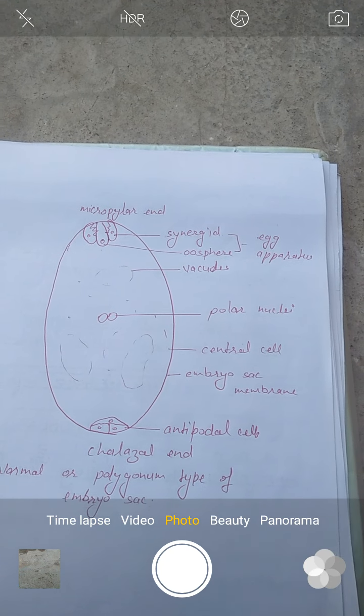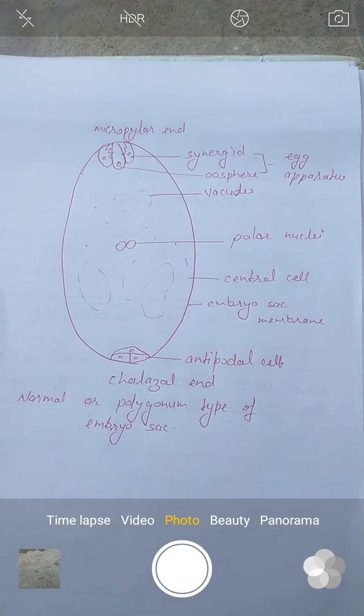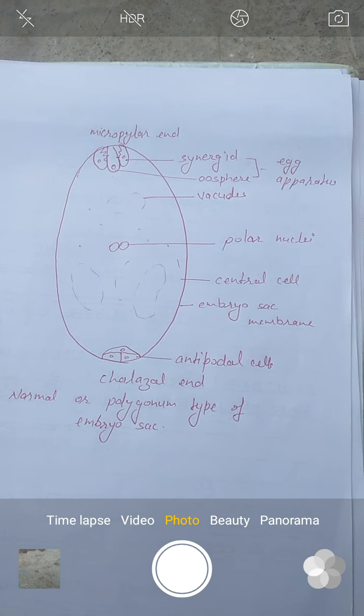Each of them bears a filiform apparatus in the micropylar region, a lateral hook, a chalazal vacuole and a central nucleus. A filiform apparatus is a mass of finger-like projections of the wall into the cytoplasm.